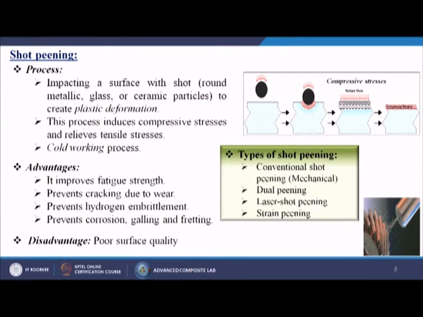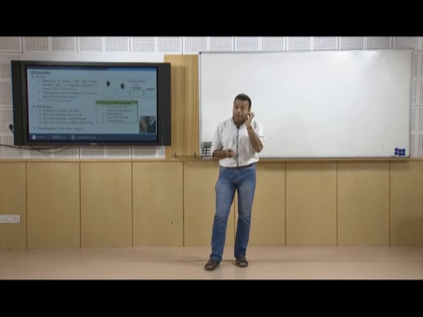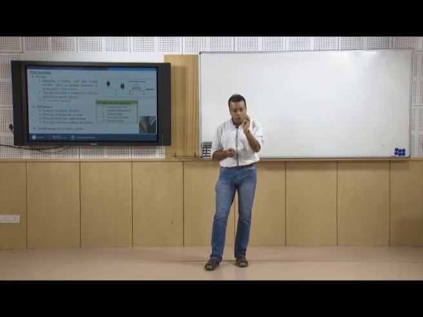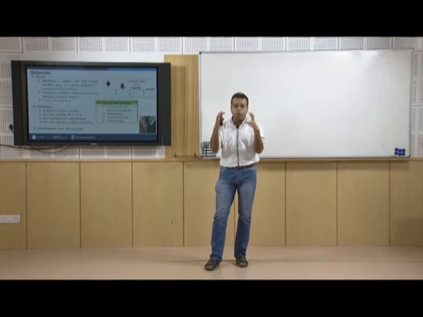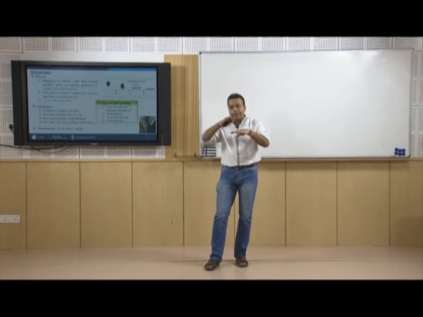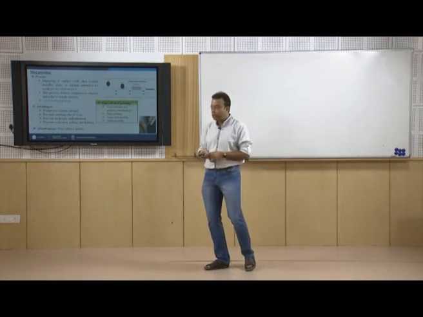There are certain advantages: it improves fatigue strength, prevents cracking due to wear, prevents hydrogen embrittlement, corrosion, galling and fretting. There are certain disadvantages also, such as poor surface quality, because it depends on the size of the ball. If the ball is small, you can get a smooth surface, but if the ball is bigger, you can get a wavy surface.